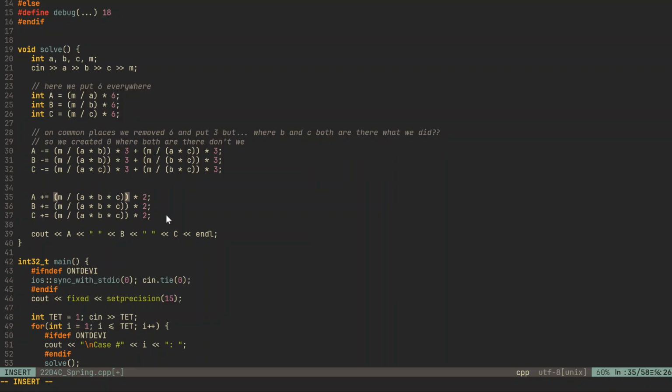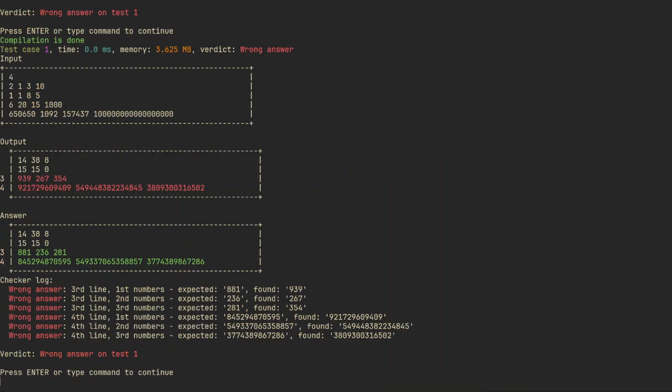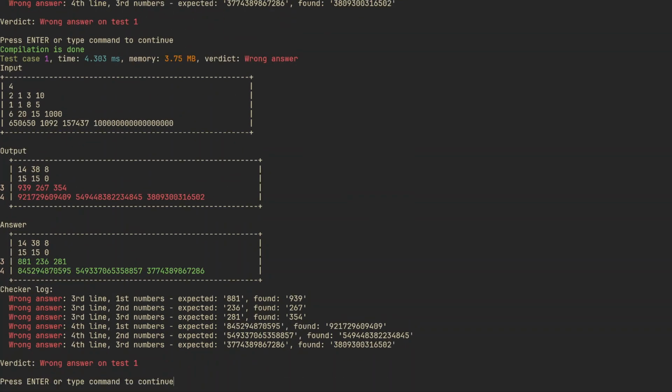A and B, B and C, A and C, and B and C. Okay. Then why is it not working for other numbers? It is giving us the higher result.